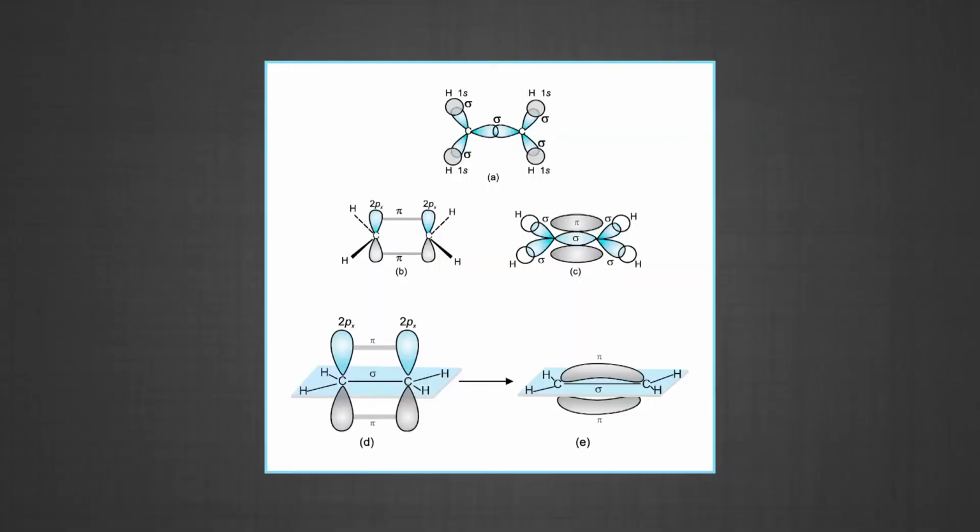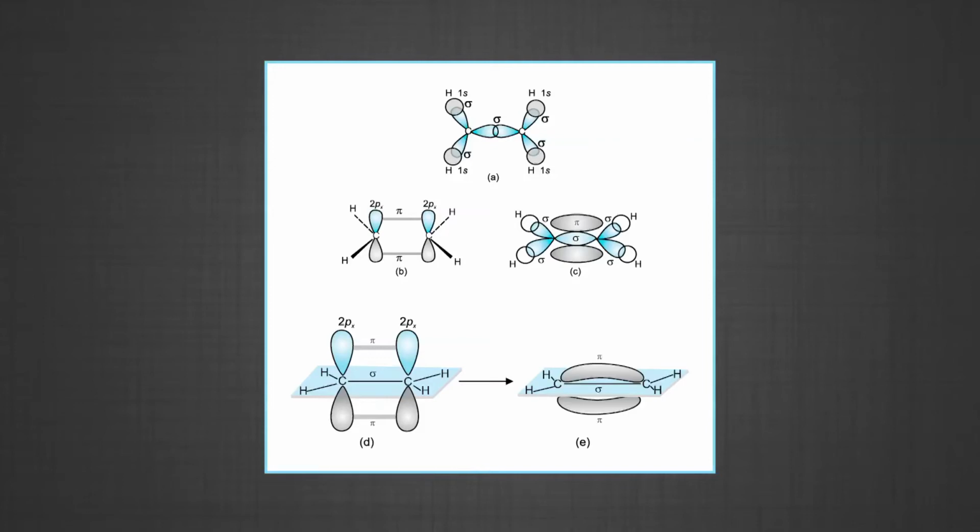sp2 hybridization in C2H4, that is the ethene molecule. In the formation of the ethene molecule, one of the sp2 hybrid orbitals of a carbon atom overlaps axially with an sp2 hybridized orbital of another carbon atom to form a C-C sigma bond, while the other two sp2 hybrid orbitals of each carbon atom are used for making sp2-s sigma bonds with two hydrogen atoms.